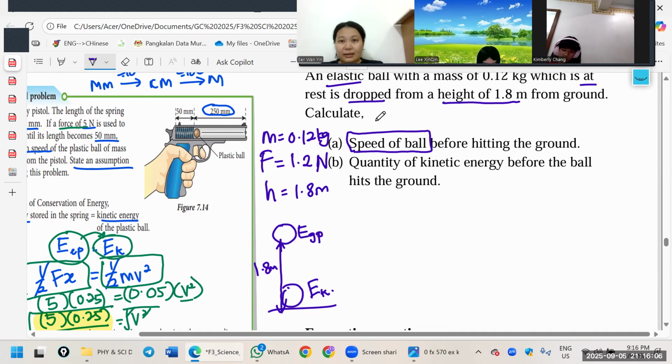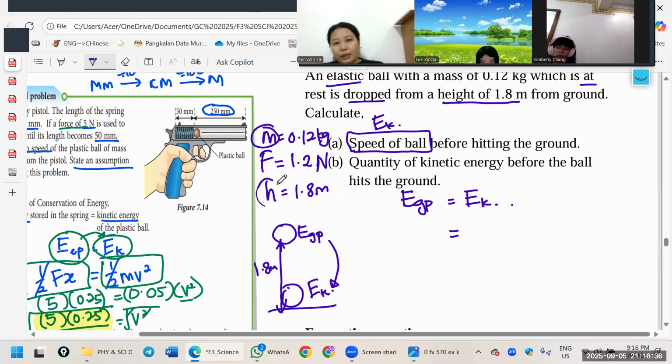Yeah, kinetic energy. So you can try first. Kinetic energy equals to half mv squared. Do you have v here? Don't have. So most probably what you need to do, please use the principle of conservation of energy. E gravitational potential equals to EK. See, we have mh, so we will get mgh equals to half mv squared.